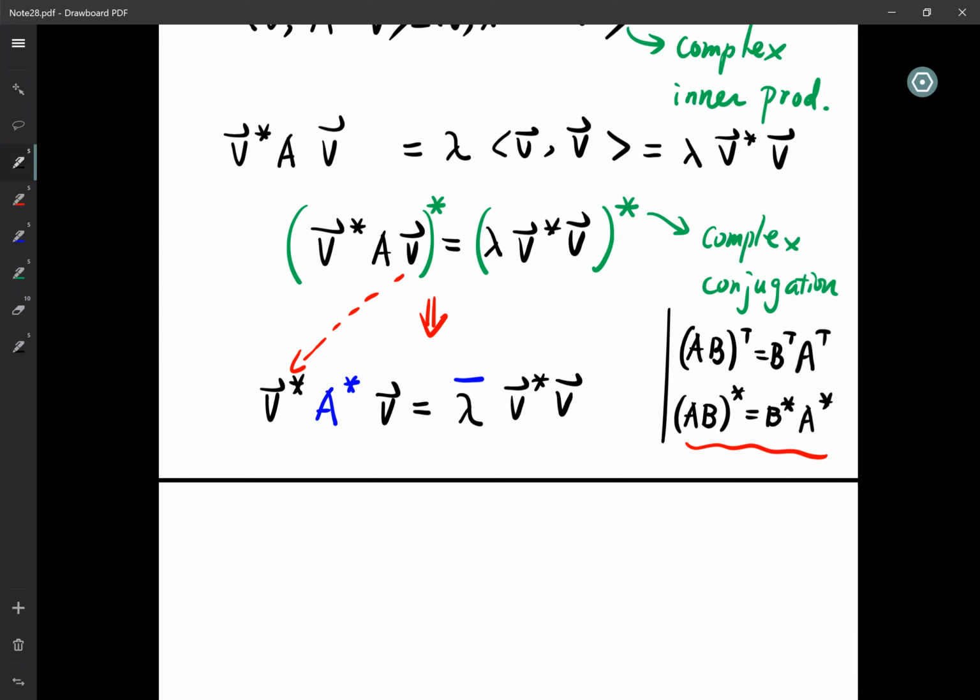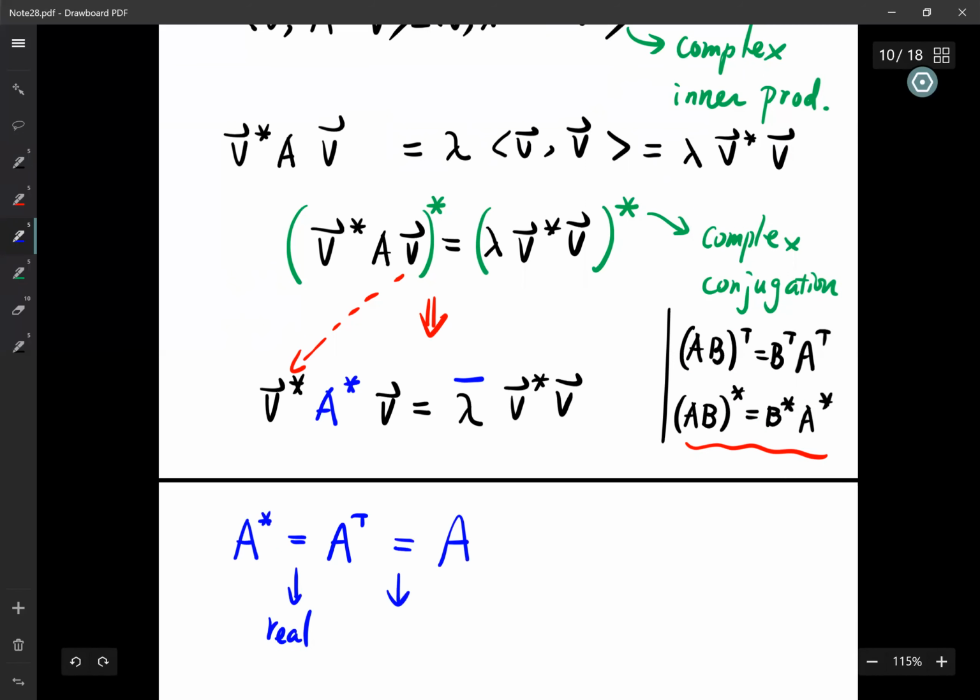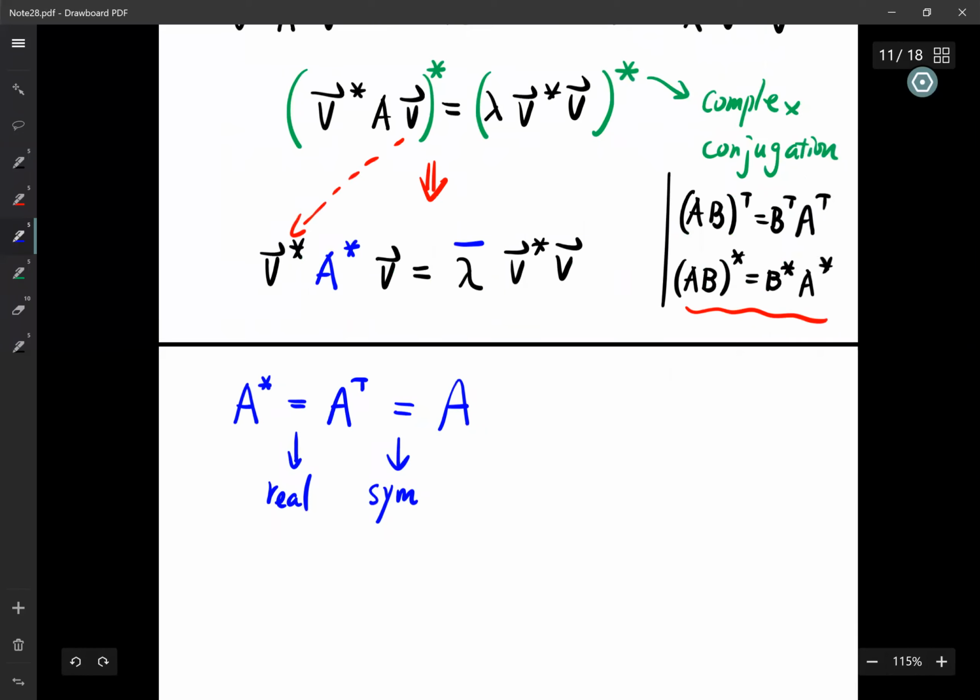We're almost there. So A is real symmetric. So this is A transpose, using the fact that it is real, equals to A, using that it is symmetric. And therefore, A star is A. So this one is v star A v. This sounds familiar, right?